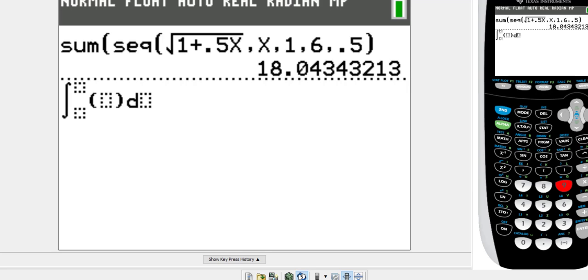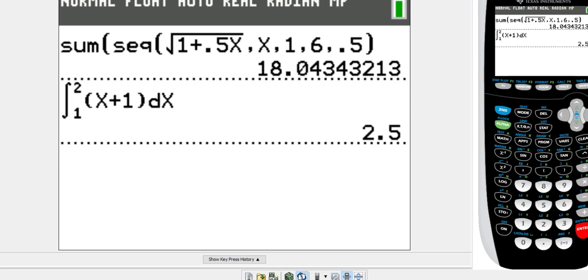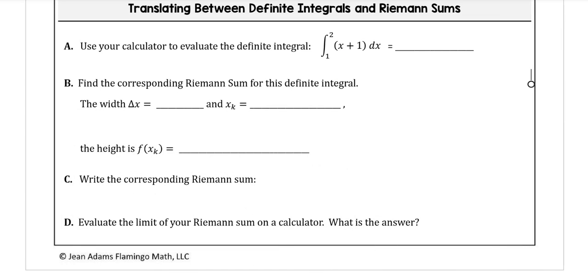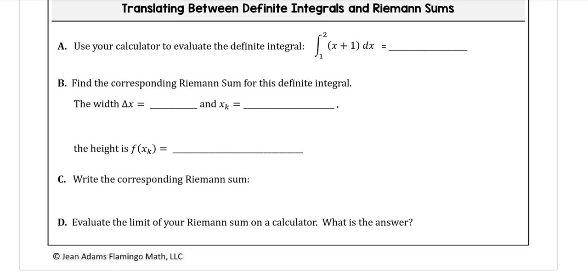We're going to put in there 1 to 2, and our expression is x plus 1, and our variable is x. We hit enter, and we get 2.5. So when we evaluate this, we get 2.5.